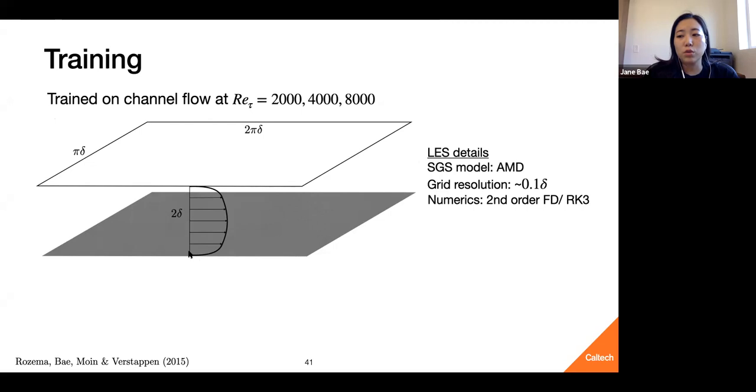And this grid resolution is in line with what we expect from wall-modeled LES. The grid resolution would be much, much finer for either a DNS or a wall-resolved LES. And for numerics, we're going to use a code that is second-order finite difference in space and third-order Runge-Kutta in time.